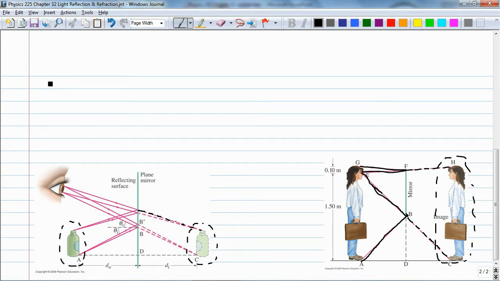So we have real images, and these can be projected onto a screen or film or a piece of paper, just something that you can actually see the object.